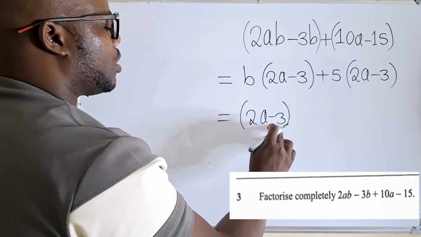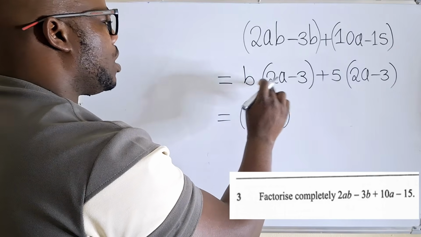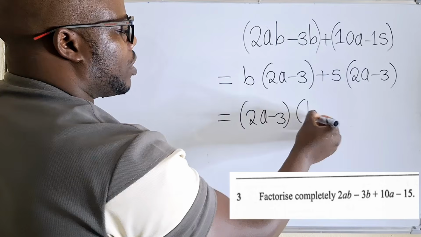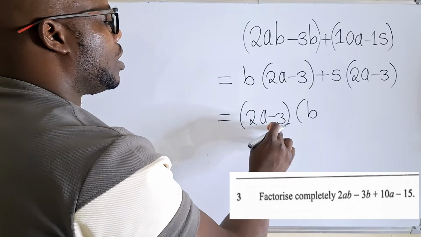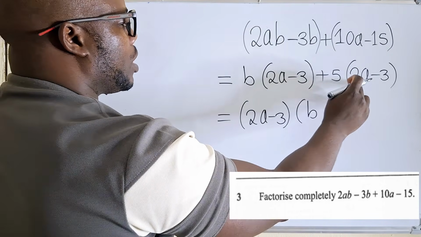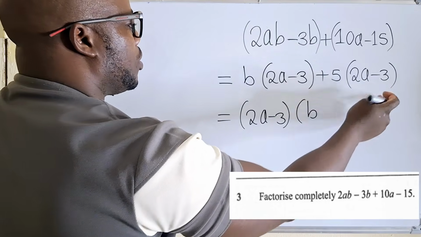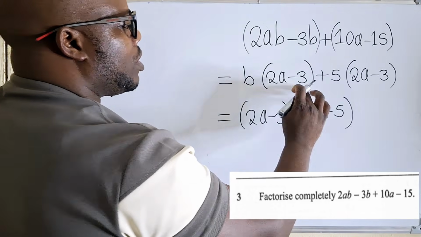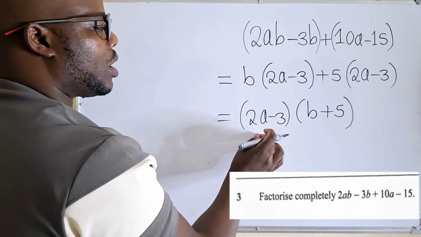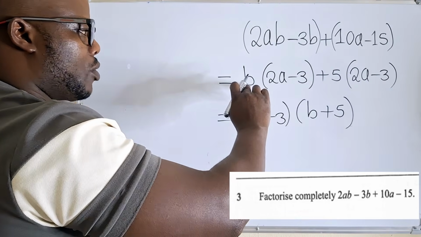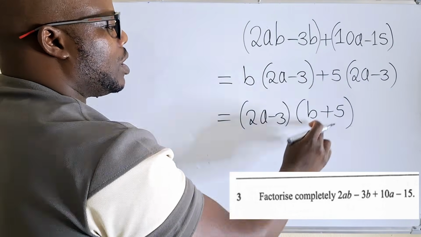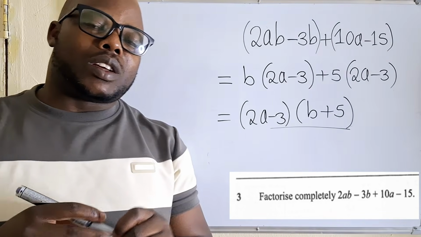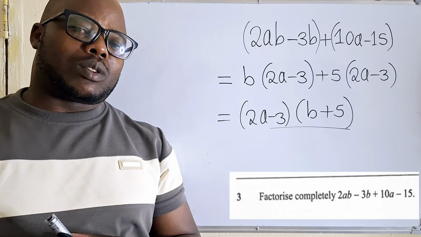So 2a minus 3 into b, 2a minus 3 inside the brackets, that will simply give us a b. 2a minus 3 into 5, open bracket, 2a minus 3 close, that will simply be equal to a 5. So this is common and it has been factored out. We've remained with a b plus a 5, which is this one. And this is our answer. This is how we get to factorize. Let's go to the next question.